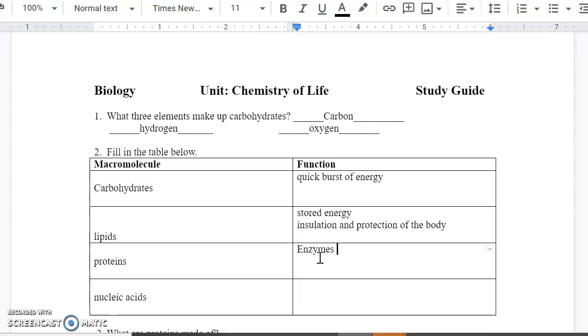And also they help build body structures. Nucleic acids. We're going to think DNA, deoxyribonucleic acid, RNA, ribonucleic acid. So DNA and RNA store hereditary information.